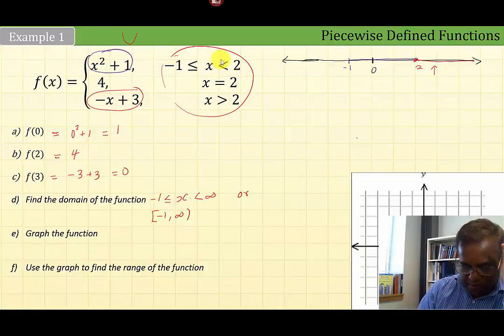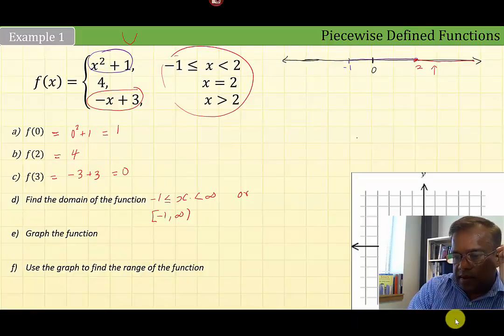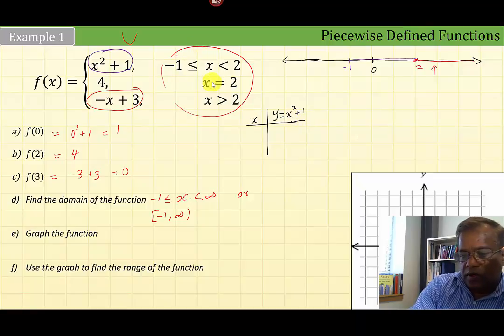So let's make a table of values for here. For this one, I have x, and the y value is equal to x squared plus 1 in this interval. So we're going to use these two endpoints, -1 and 2, and also we need at least one more point. So the 0 is in between that, so I'm going to use that too.